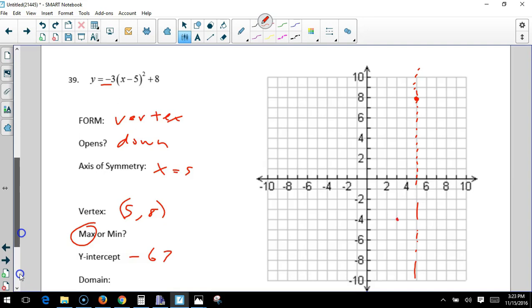And 4, 5. And 6, 5. And 7, negative 4. Everything else off the chart. And I just roughly sketch like so.